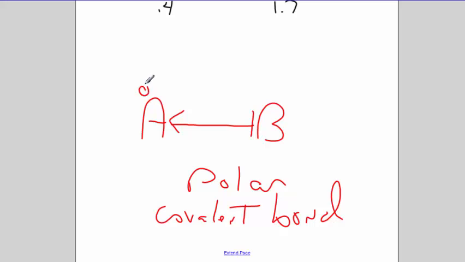This lovely Greek letter I'm drawing here is a lowercase delta, and it means a partial charge. So there is a partial negative at this end, and a partial positive at that end. And this has all kinds of consequences for behavior, which we will talk about.